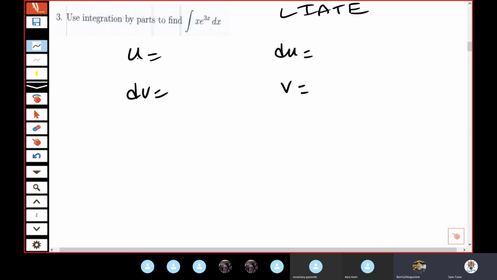Okay, sweet. My u is going to be my exponential. Your u is going to be your exponential. Okay, yep. And then my dv is going to be just x dx.